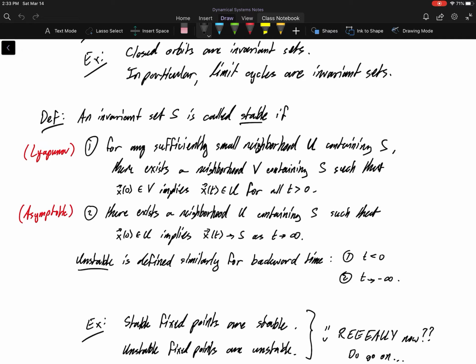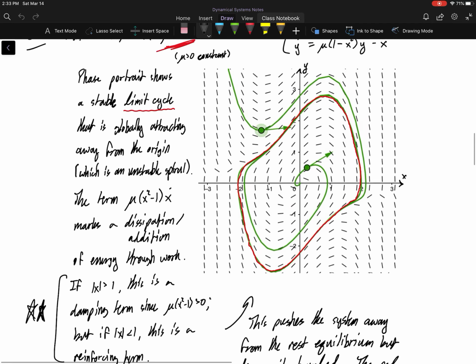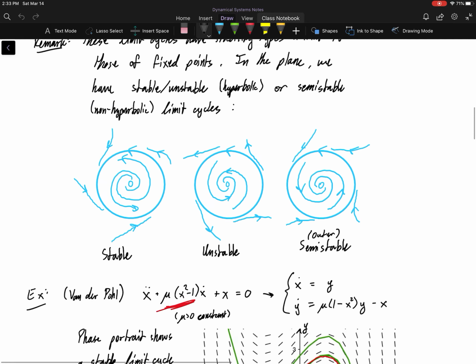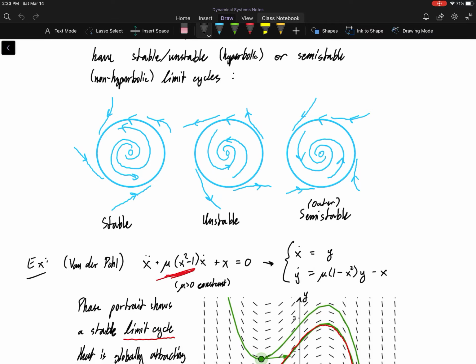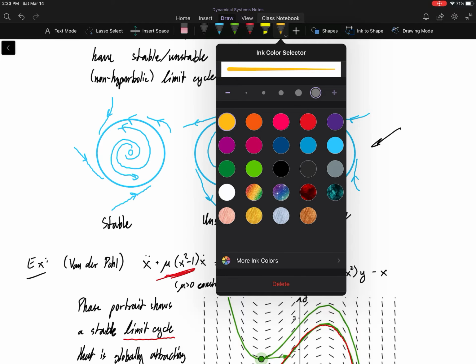Okay, so just to put that in perspective, coming back up here to this semi-stable set. Lyapunov stable, let me do this in this color, there we go.